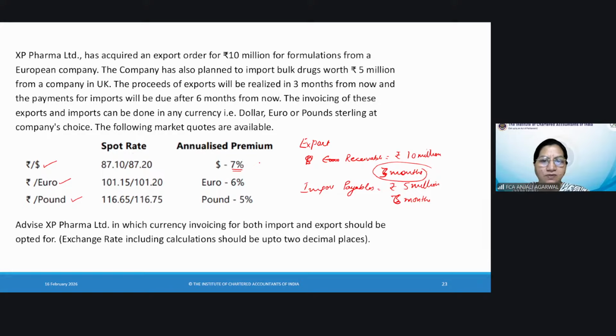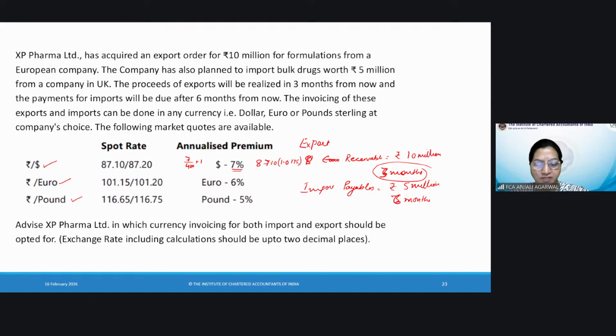Now annualized premium is 7%. So the new exchange rate would be 87.10 into once again 7 divided by 400 plus 1, because it is 3 months. So it is 1.0175.